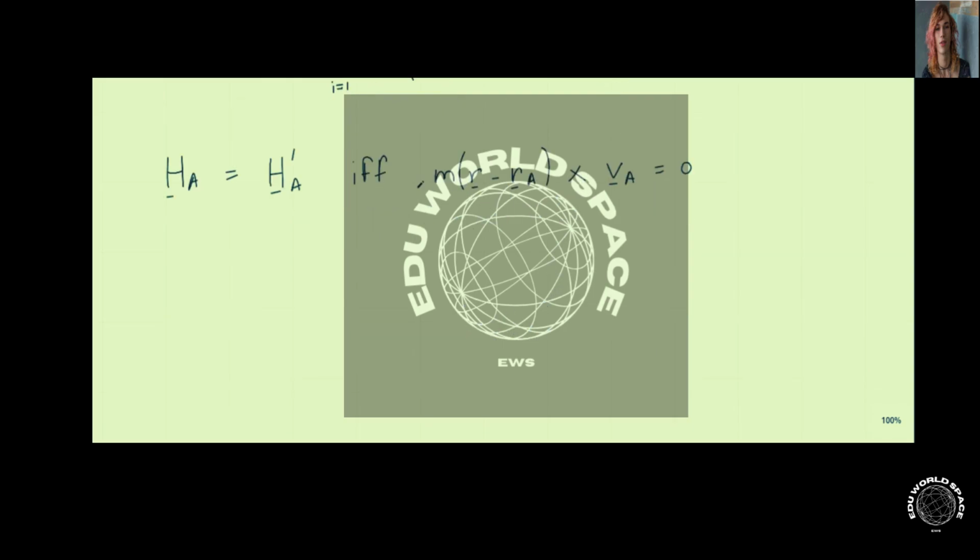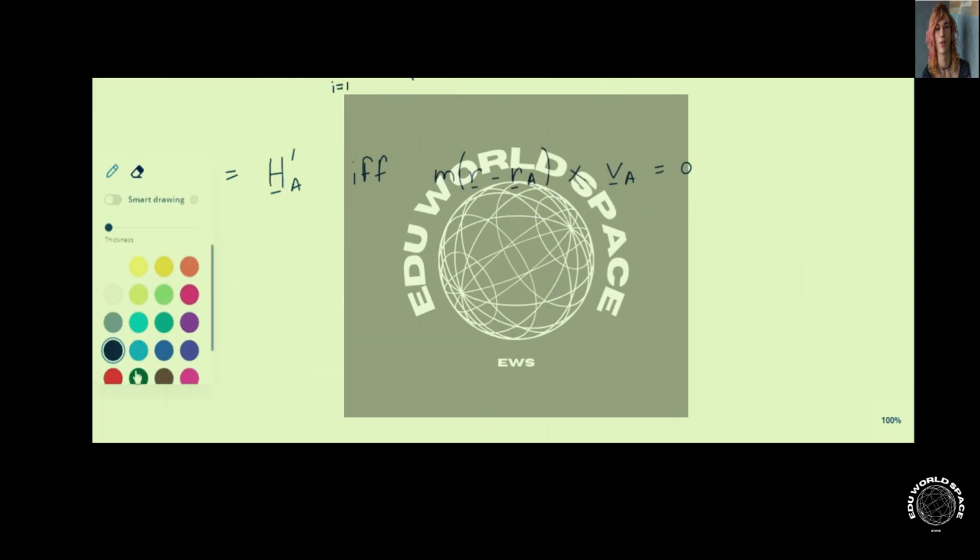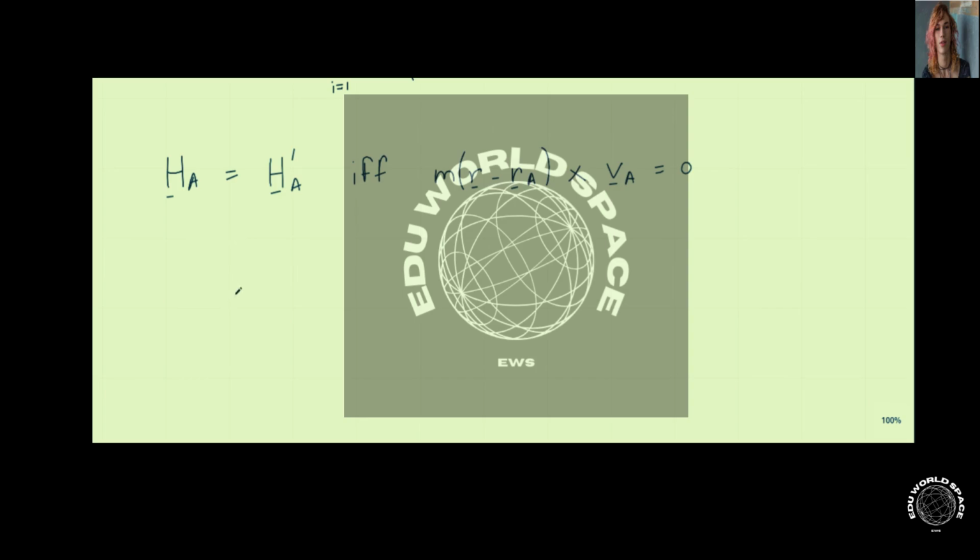So there are three ways in which that condition can be satisfied. This condition is satisfied firstly if Va is equal to 0, so point A has 0 velocity. Secondly, that the mass center R is equal to vector Ra, so this tells us that point A coincides with the mass center of the system.